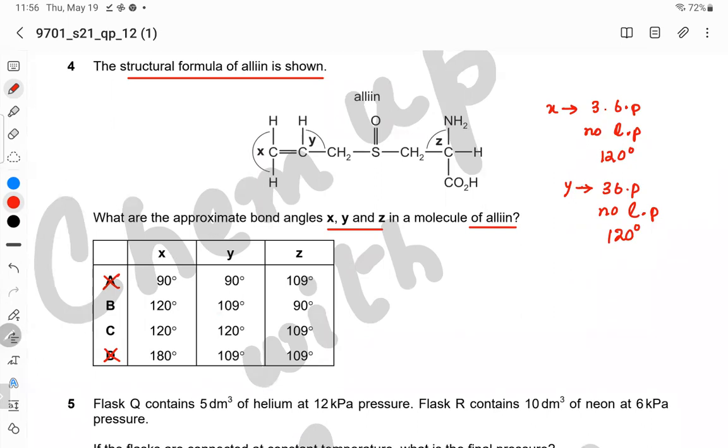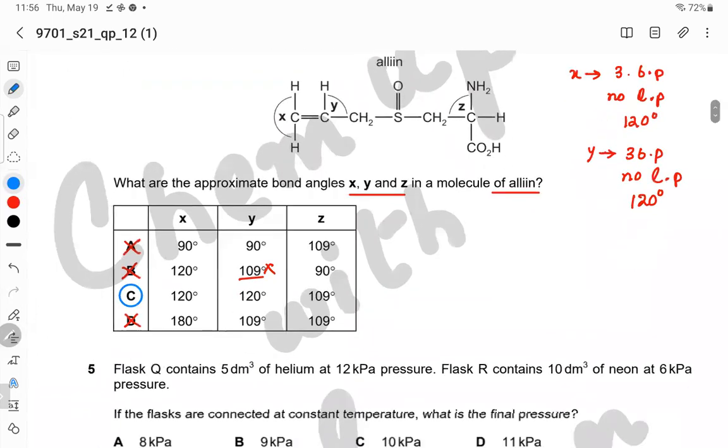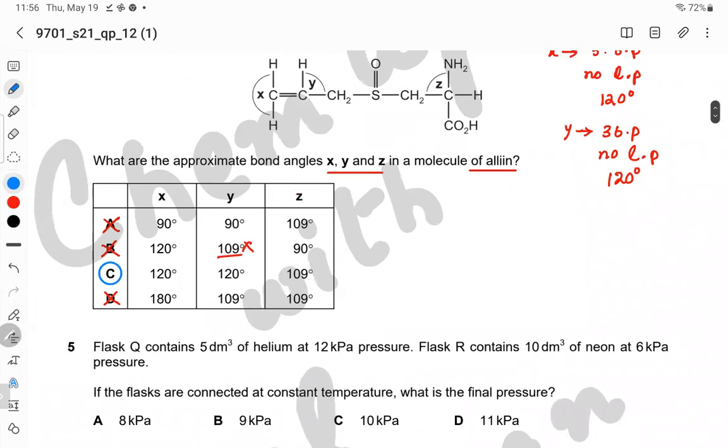Which means we can also mark B wrong and the correct answer will be C. Is it clear to everyone? Yes, Halima, good. Is everything clear up to here?